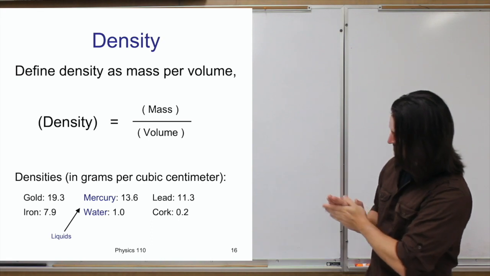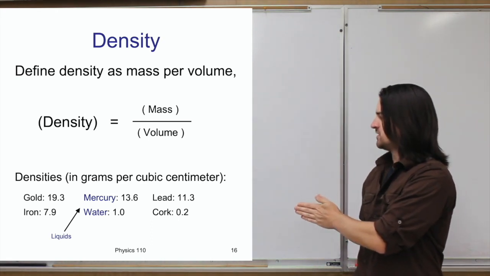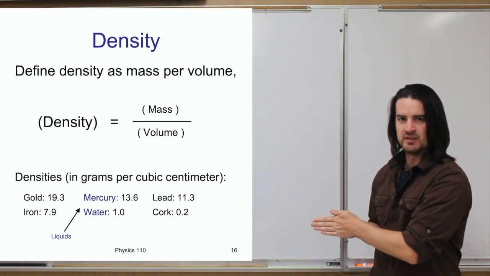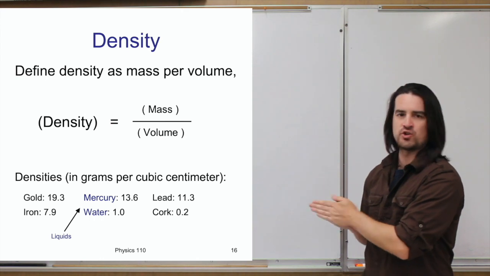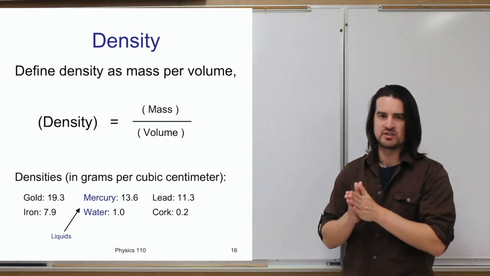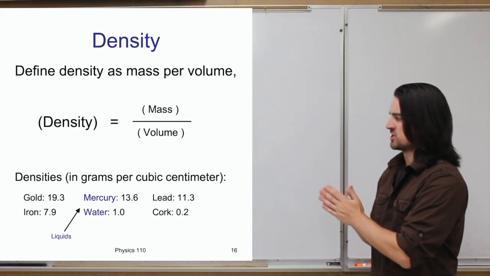As it turns out, one that might stand out to you is water. So pure water, pure H2O, is 1 gram per cubic centimeter. This is not an accident. Water is one of the defining materials for density.